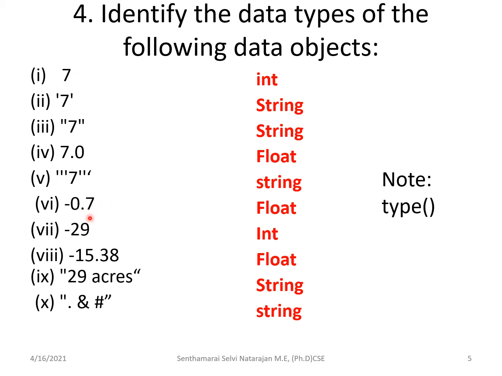If it has a decimal value, you can specify it as float. If it does not have a decimal value, it is in the integer category. There is no differentiation for the negative sign. You can find the type of the given object with the help of the command type of in your Python command line prompt.